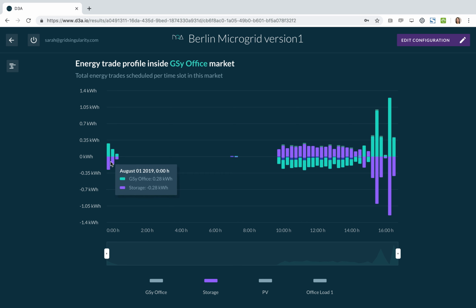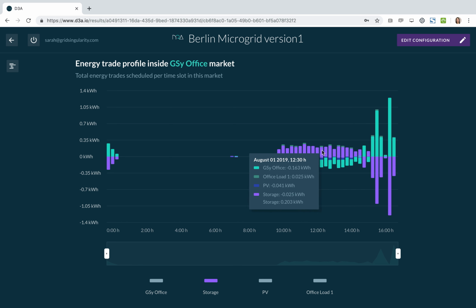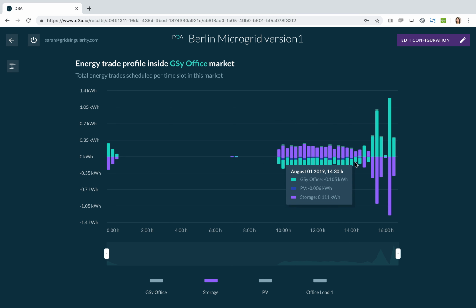So the storage here is selling to the GSY office. And then during this part of the day when it's charging, it's actually buying power from the GSY office. So we don't know exactly which device this is. So this means it's coming from outside the GSY office.